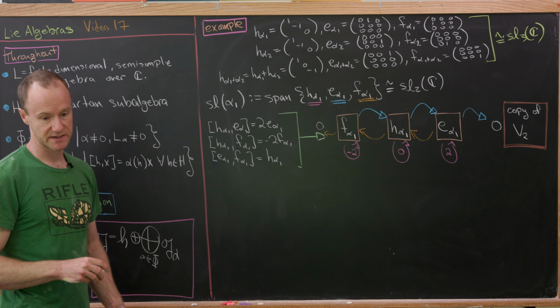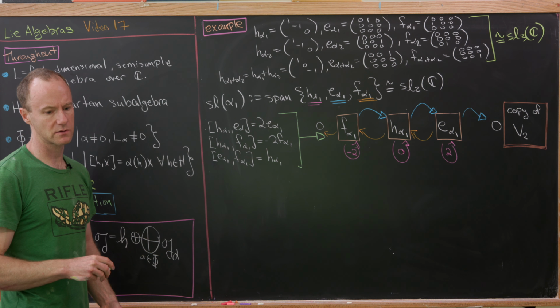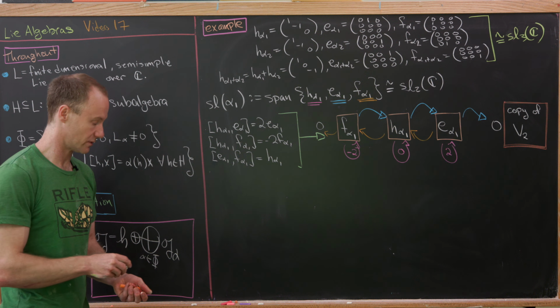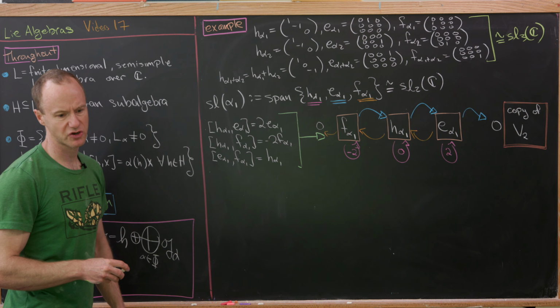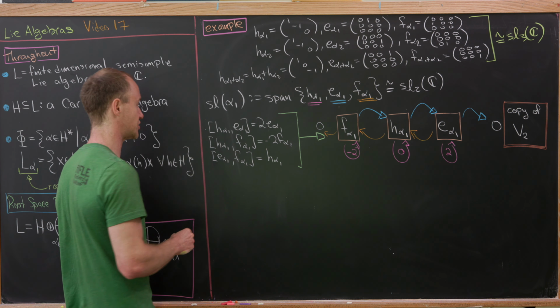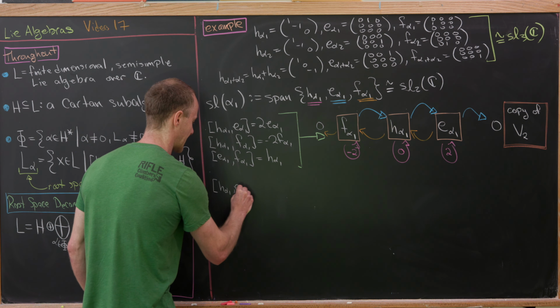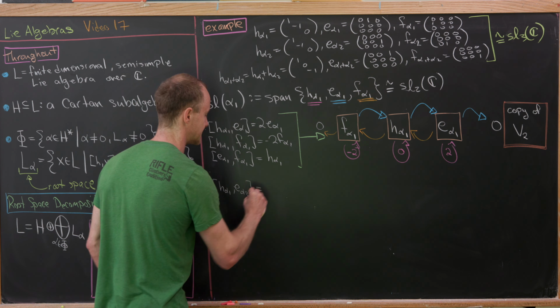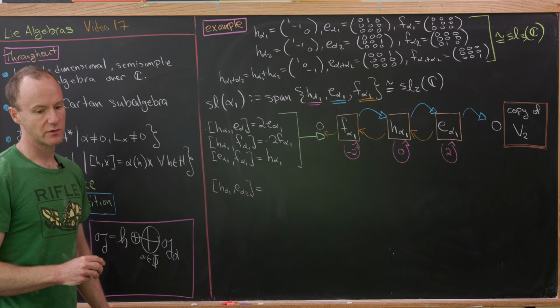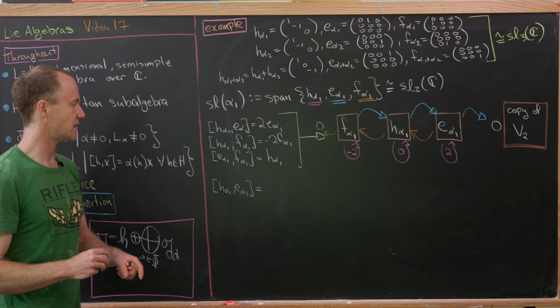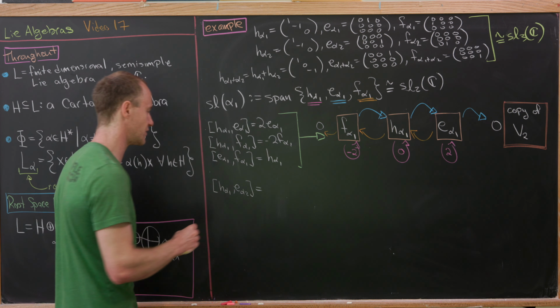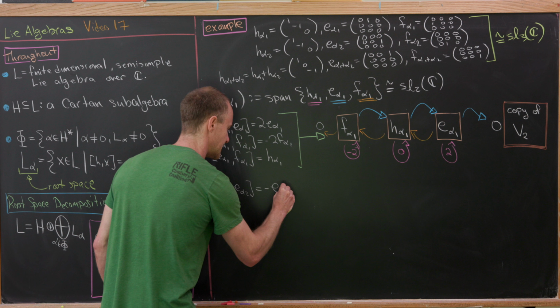Okay, great. So now let's look at another example. Let's start with E alpha 2, and let's look at H alpha 1 acting on E alpha 2 and see what we get. You can do the calculation, and maybe I'll let you do it again. You'll see that you get minus E alpha 2.